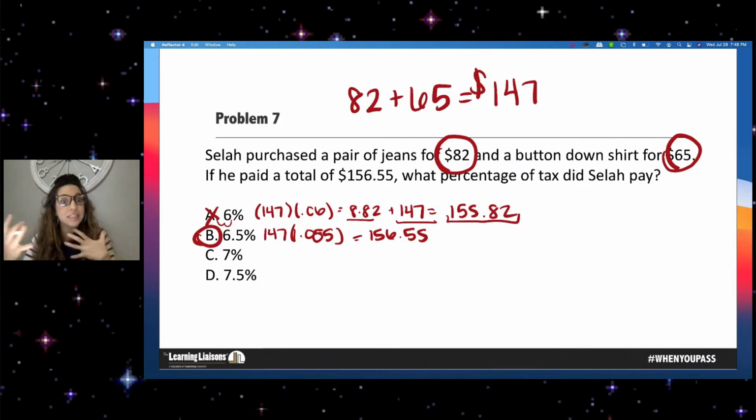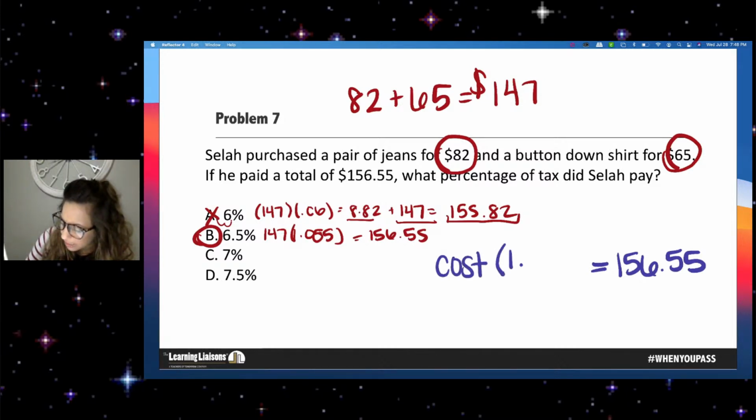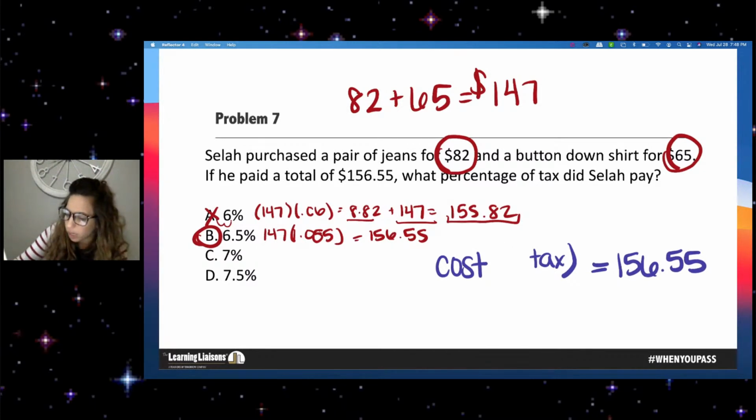But again, I recognize that we all are different learners. This is how I would solve it. If I know that my total is $156.55, I know that I need to take my cost of my items times 1 point tax, or times my tax. Well, my cost is 147 times my tax equals 156.55.